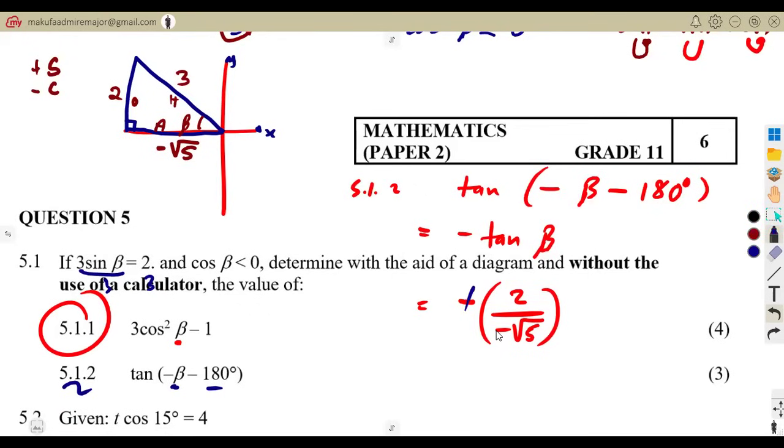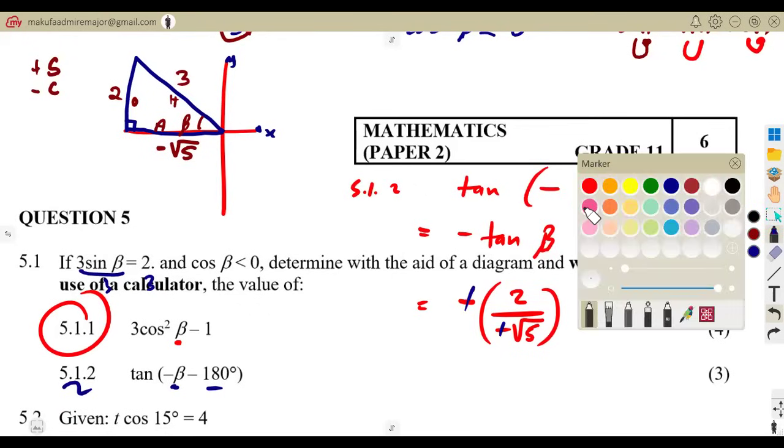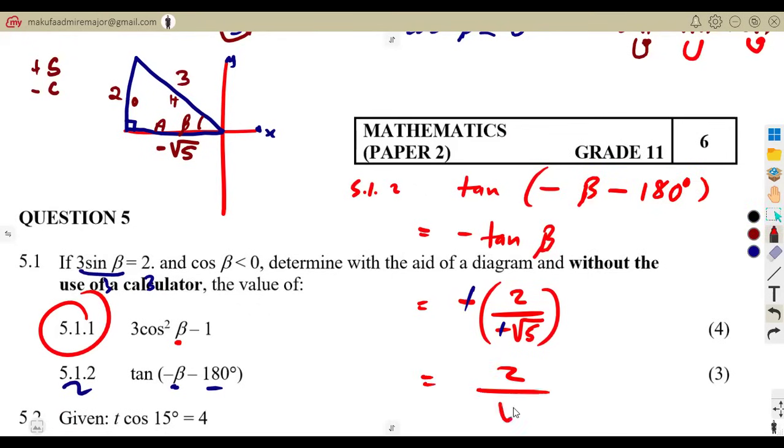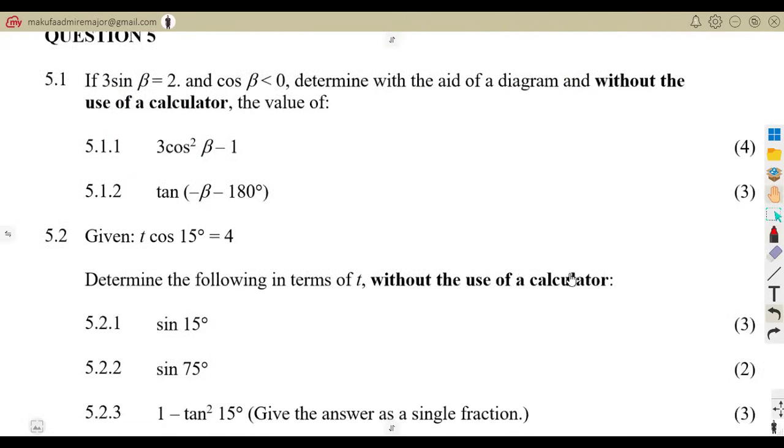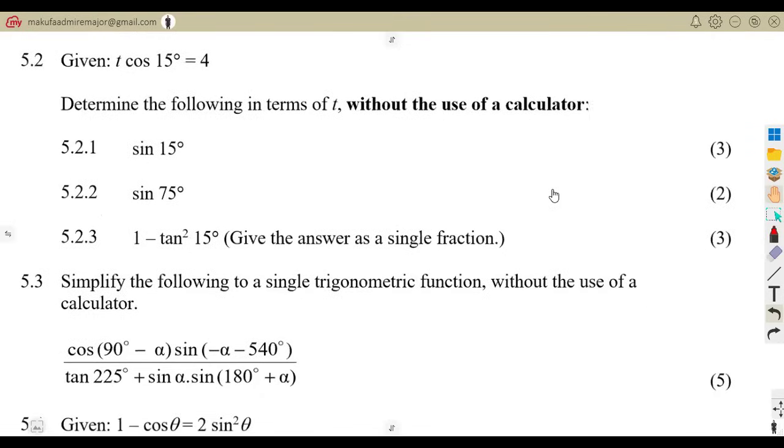So these two are going to cancel. And at the end, we're going to have 2 over the square root of 5. You can even just leave it like that. At that stage, it's still okay. All right, so simplifications, guys, as you can see, differ by the way that you understand your trigonometry, but at the end, you're going to have the same answer there.